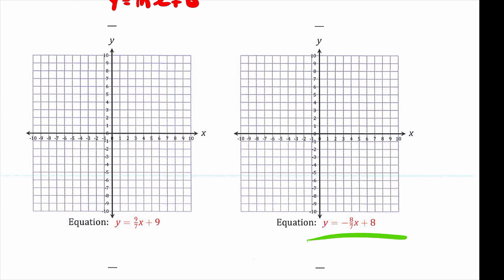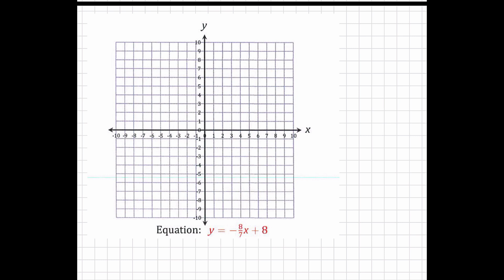This y equals negative 8 over 7x plus 8. Okay, so over to a fresh sheet, a little bit more space again, and same thing. We've got an xy coordinate system, the Cartesian plane. We've got a formula given to us already in slope-intercept form.